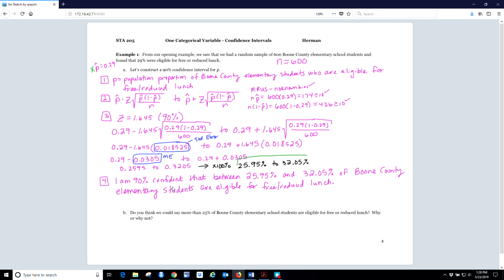Let's look at that interval. We believe it's 25.95% to 32.05%. Is that interval entirely more than 25%? Well, yes, it is. So here my answer would be yes. My entire interval is above 25%.